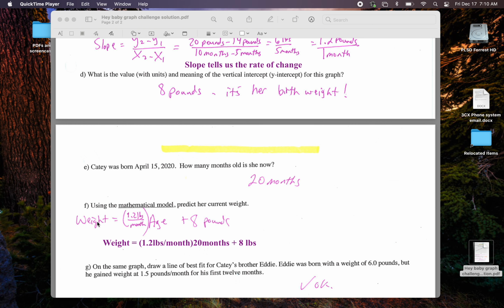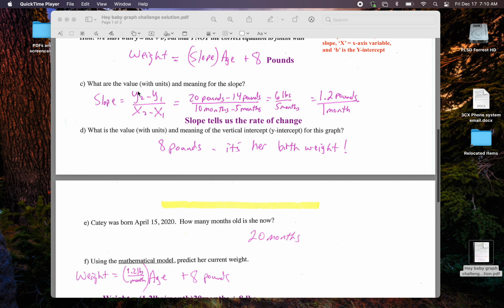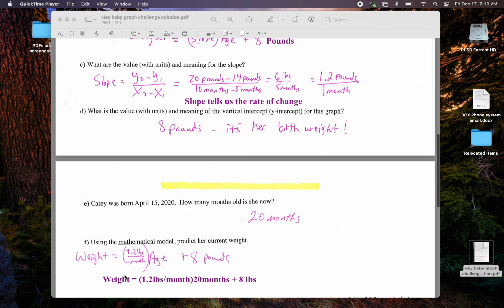So we're going to use the mathematical model, which is this. So we're essentially using weight down here. The slope we just calculated is 1.2 pounds per month, age, and then 8 pounds was her birth weight. We're going to plug that into the mathematical model. Weight is 1.2 pounds per month times her age of 20 months plus 8 pounds.